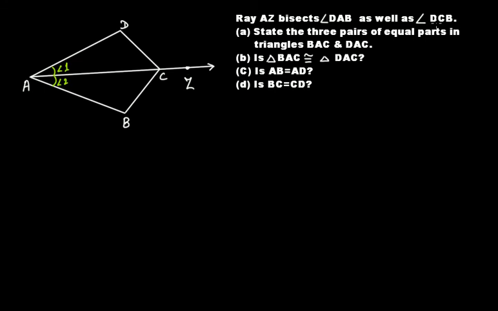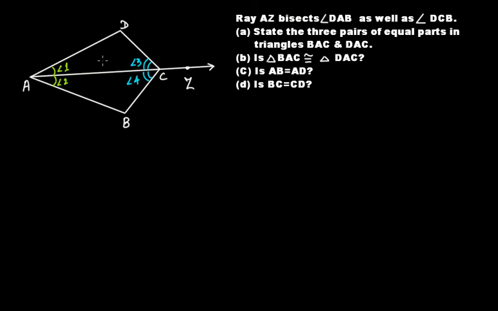As well as angle DCB, angle bisector, it means that this angle, angle 3, will be equal to angle 4. Okay. State the three pairs of equal parts in triangles BAC and DAC. BAC and DAC, you have to state three pairs of equal parts.